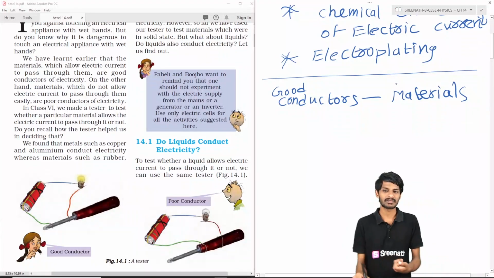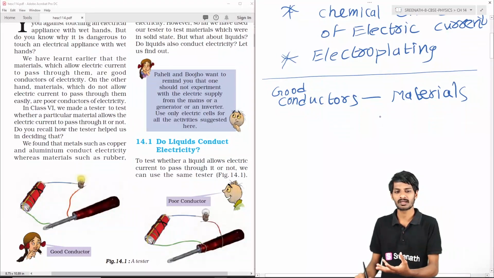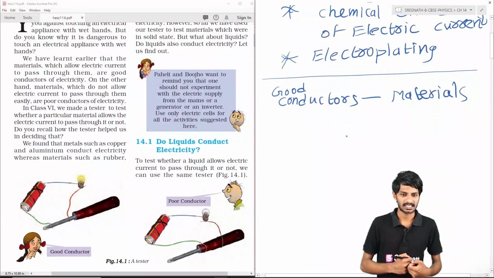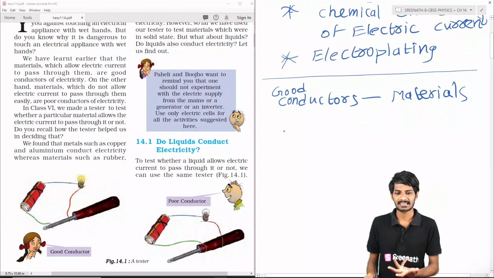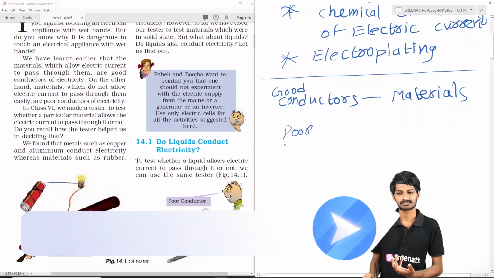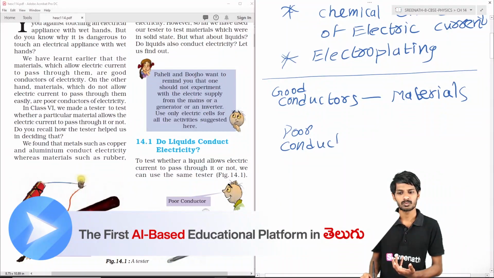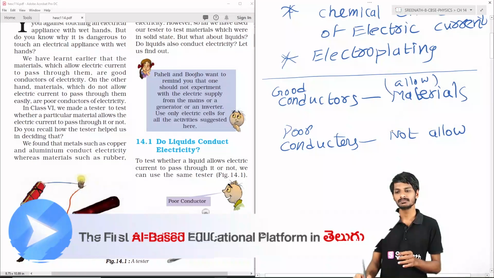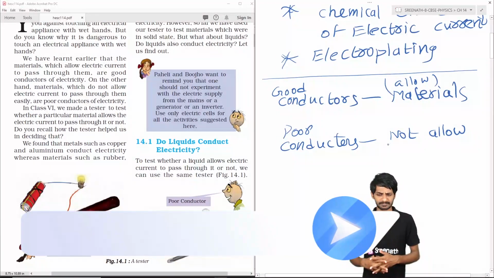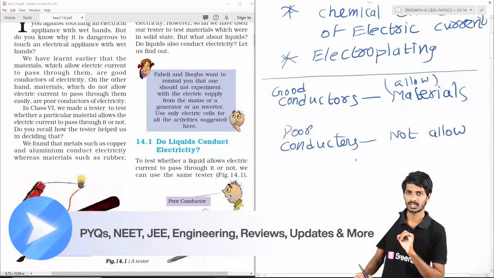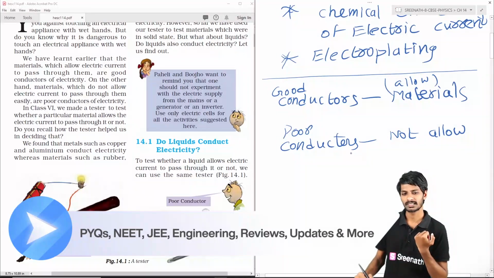And what about bad conductors, poor conductors or insulators? Poor conductors are the materials which will not allow electricity to pass through them. These are poor conductors or insulators, what we call them.